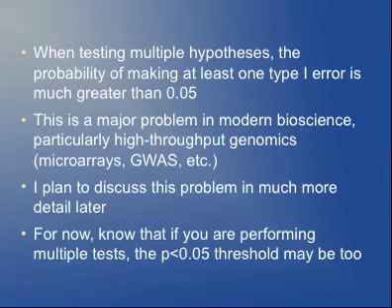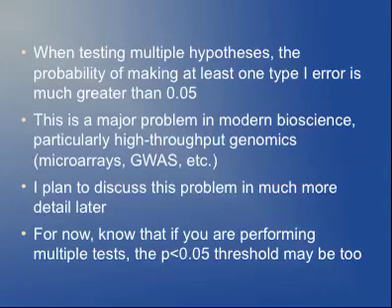Like it said, when testing multiple hypotheses, the probability of making at least one type 1 error is much greater than 0.05. So this is a major problem in modern bioscience, when we're testing a lot of hypotheses about genetics at a time.